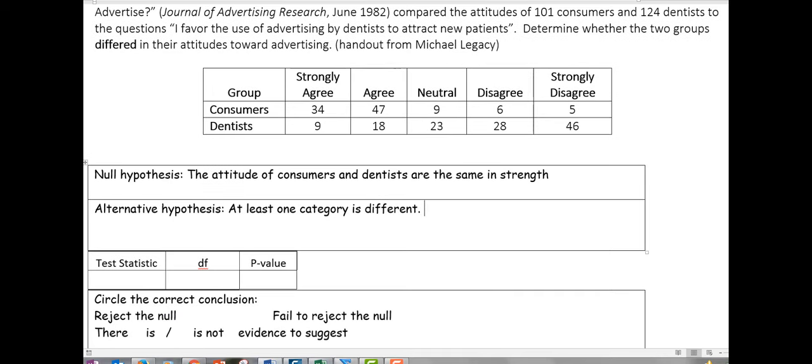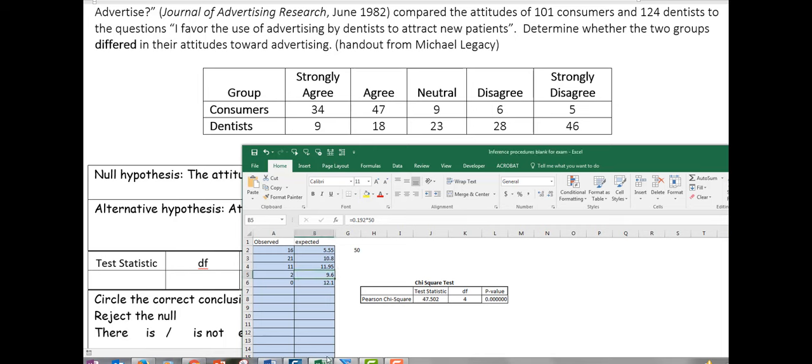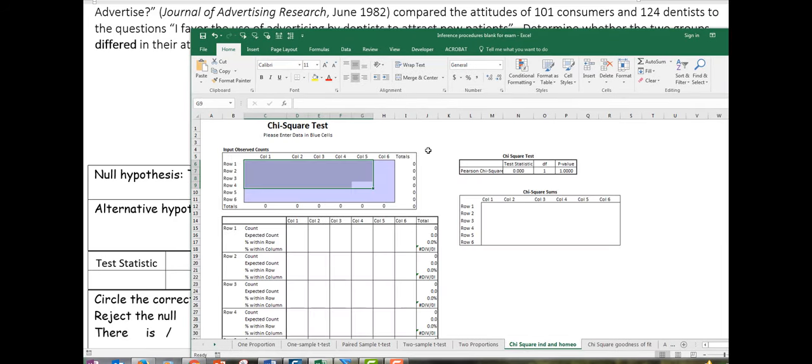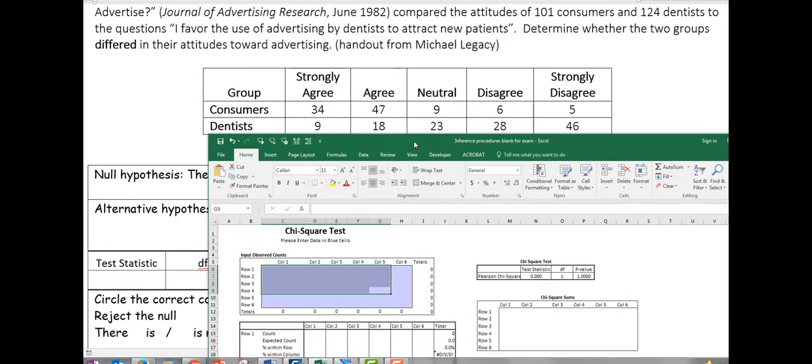Okay, so I'm going to go pull up our independence and homogeneity data, which is this right here, and just type in the numbers. I don't have to worry about the totals. It will do all of that for us underneath the hood here.